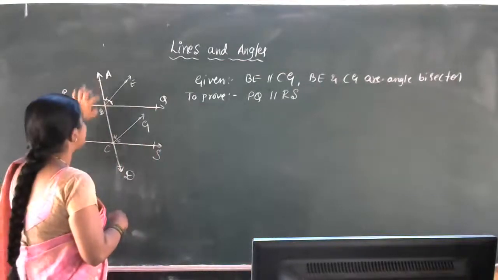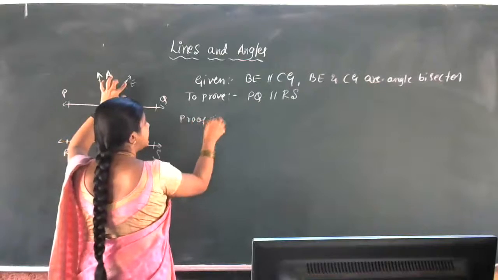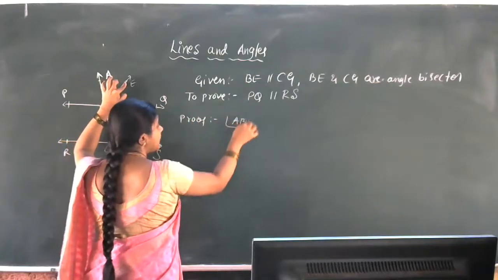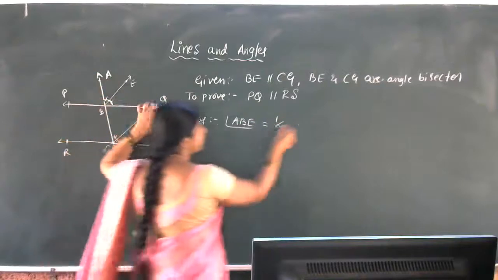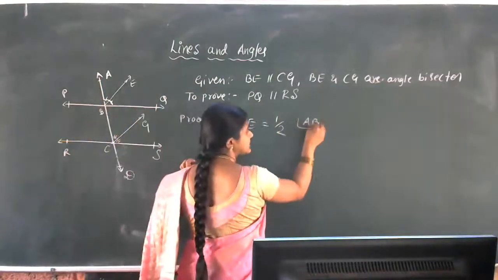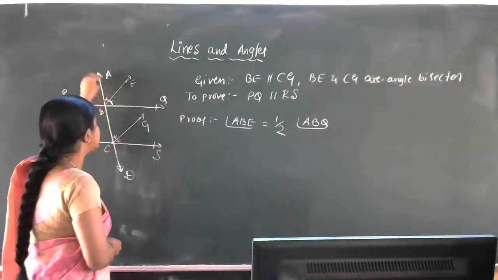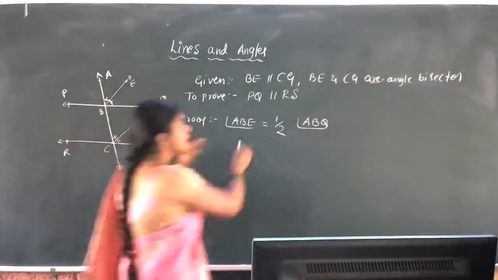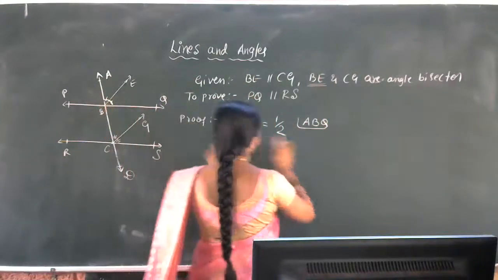Angle ABE. How can we write it? Angle ABE is half of angle ABQ, because BE is the bisector of total angle ABQ.